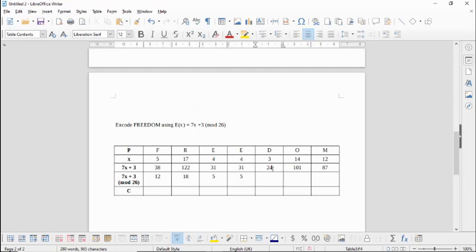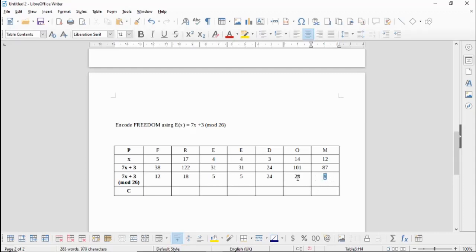Because 26 is greater than 24, 26 can't go into 24, therefore the remainder will be 24. For 101, 26 can go into 101 3 times, because 26 multiplied by 3 is 78. 101 minus 78 is equal to 23. That's the remainder. Again, 26 can go into 87 3 times, 78. 87 minus 78, you have 9.